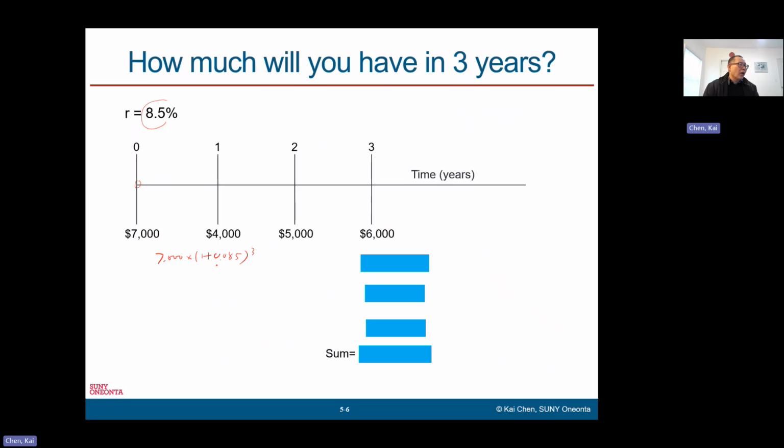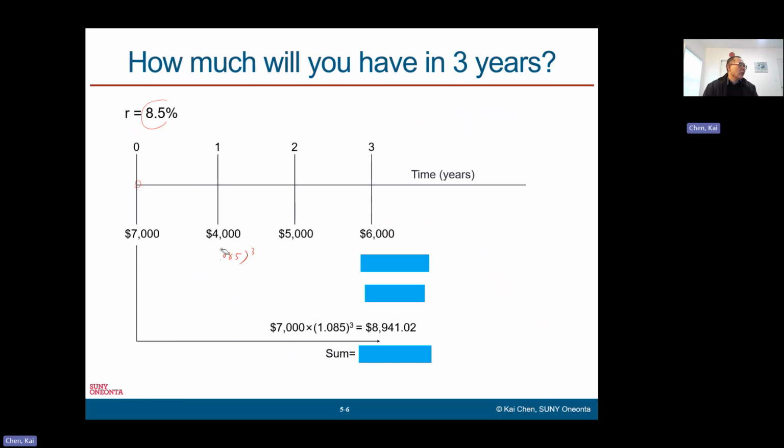You can use a formula or a financial calculator; either way, you can get the same result. The result is $8,941.02. So that is the future value of the first cash flow, $7,000.